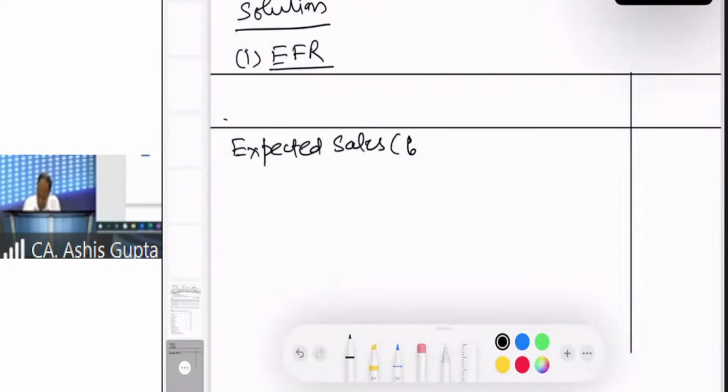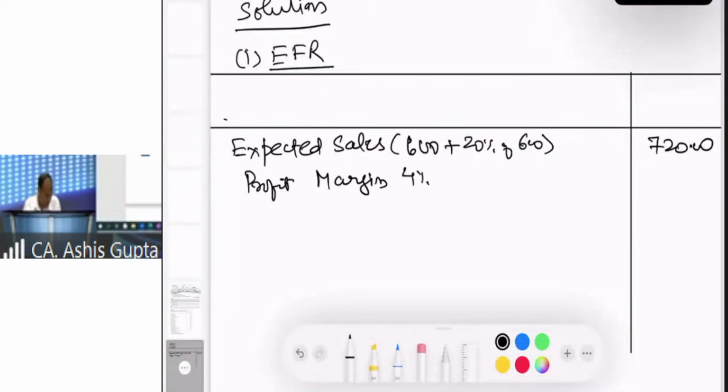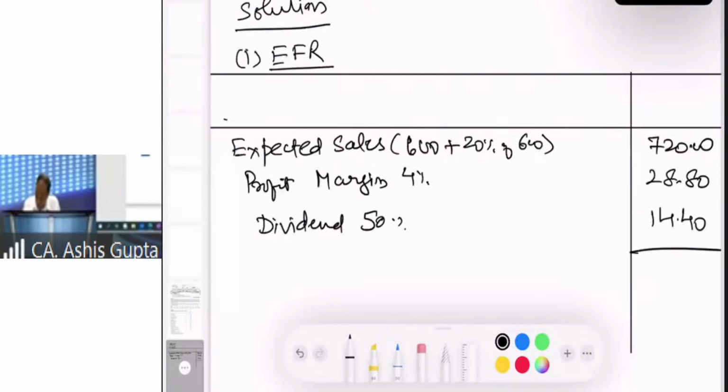Expected sales: 600 lakh plus 20% of the same comes to 720. Now the profit margin is 4%, so we simply write 28.8. Now here we are paying the dividend, so half of the same is this. Balance is ploughed back.